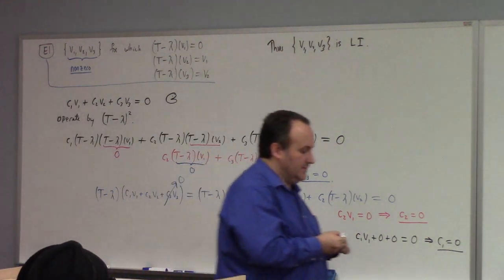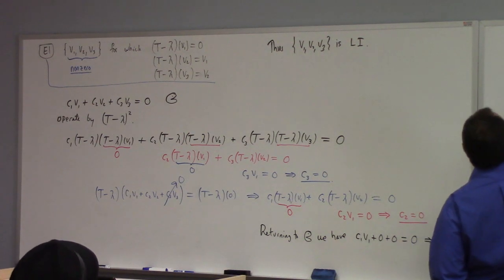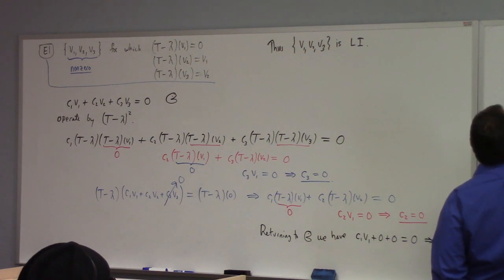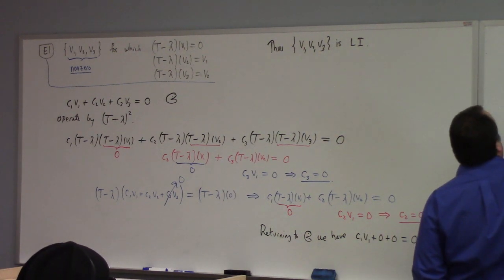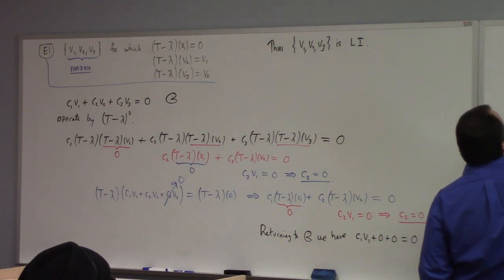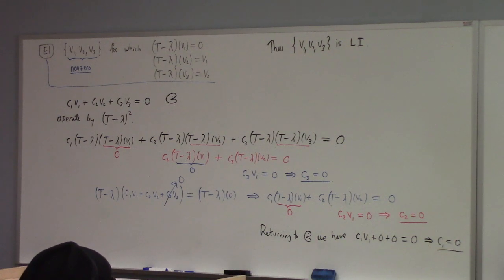So like example 2, if I have V1, V2 all the way out to Vk, where (T minus lambda) V1 is equal to 0, and (T minus lambda) times V(j+1) is equal to Vj for all j equals 1, 2, all the way out to k minus 1, I suppose.